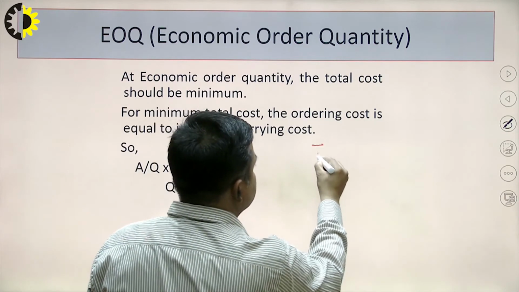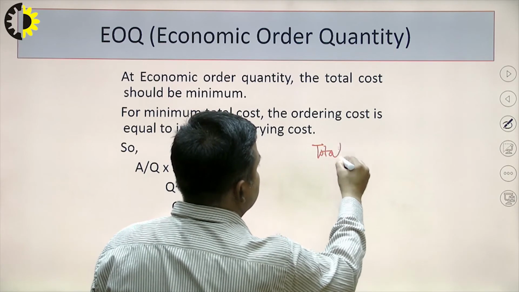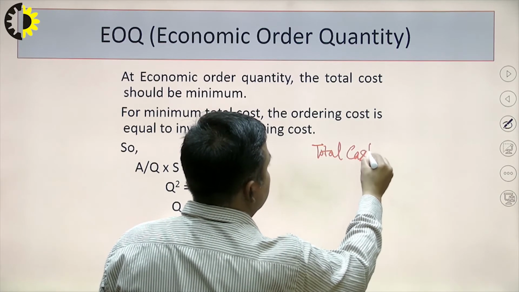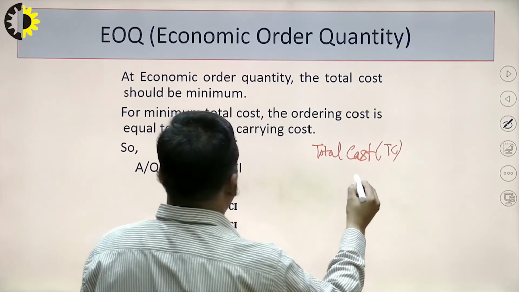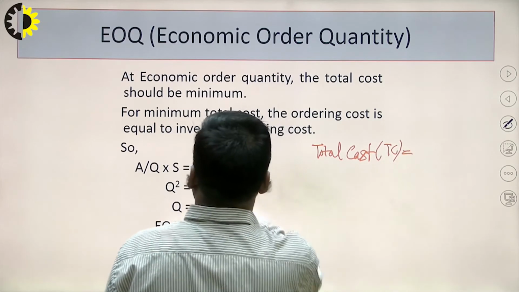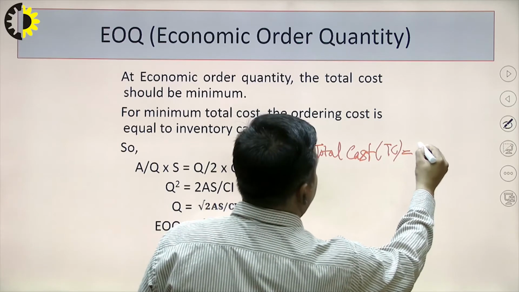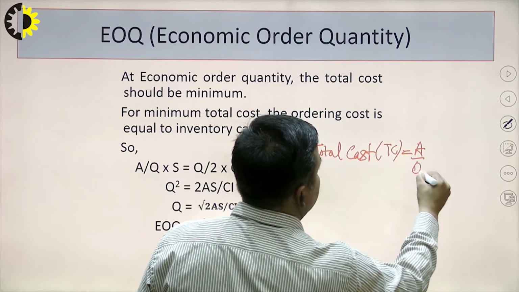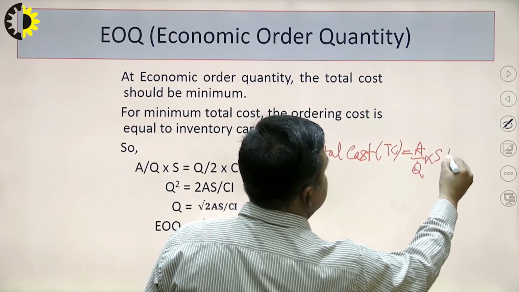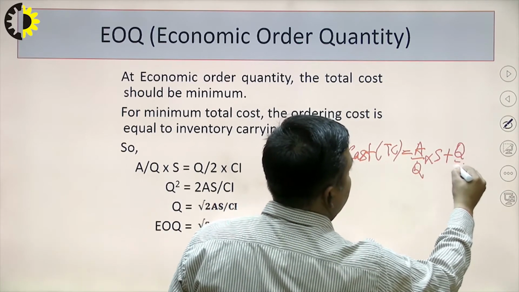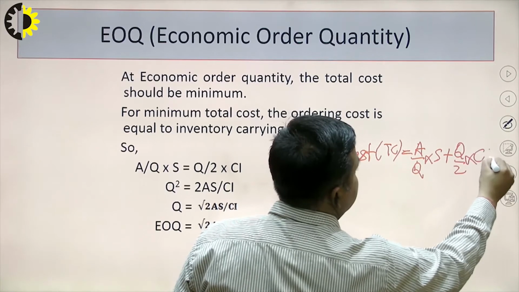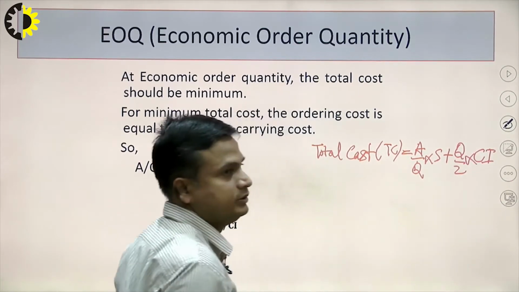So, total cost TC equal to ordering cost A by Q into S plus Q by 2 into CI, that is the inventory carrying cost.